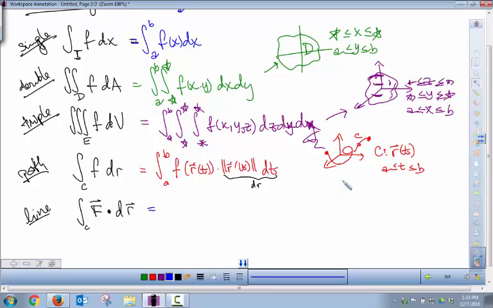And so that's when we take a look at the actual tangent vector.